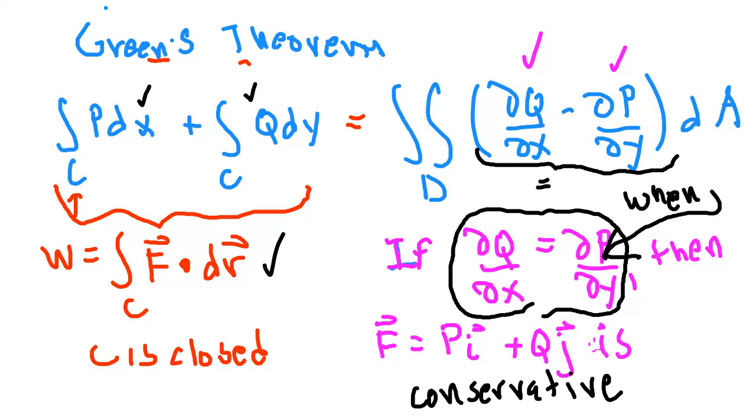What is this integrand of the double integral equal when the partial derivative of q with respect to x equals the partial derivative of p with respect to y? What would the difference of those partial derivatives have to equal? That's right, Ashik. 0. So that means in that case, the double integral would equal 0, and the work would equal 0.